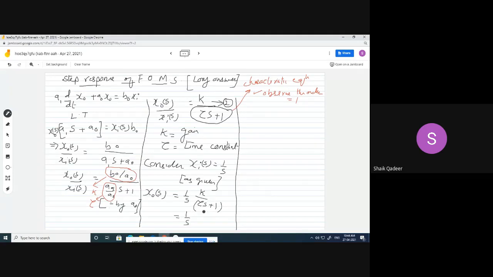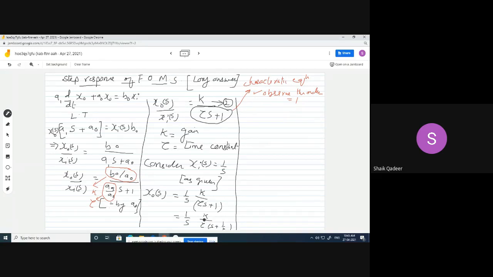I am trying to separate the s term from this equation. For that, I am dividing by tau. Can I write the equation like this? 1 by s times K divided by tau into s plus 1 by tau. The reason for doing this is that we need to take the inverse Laplace transform.